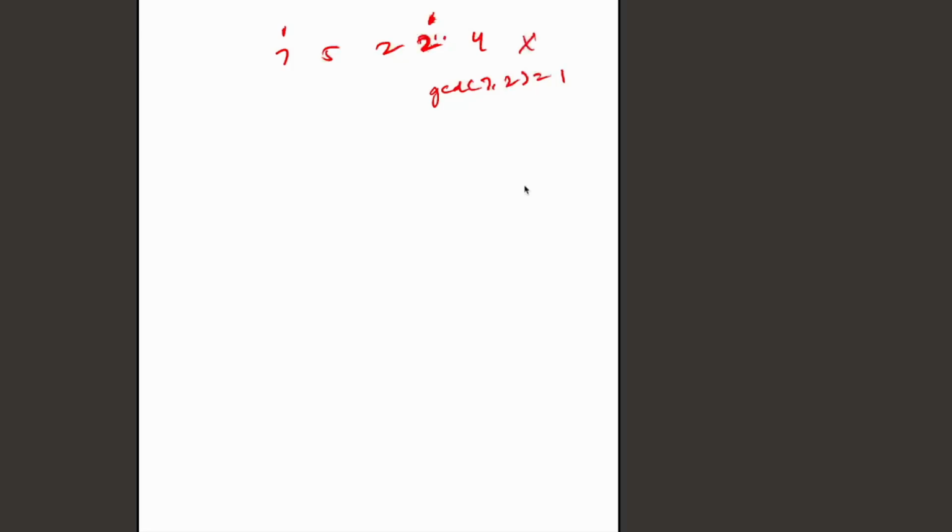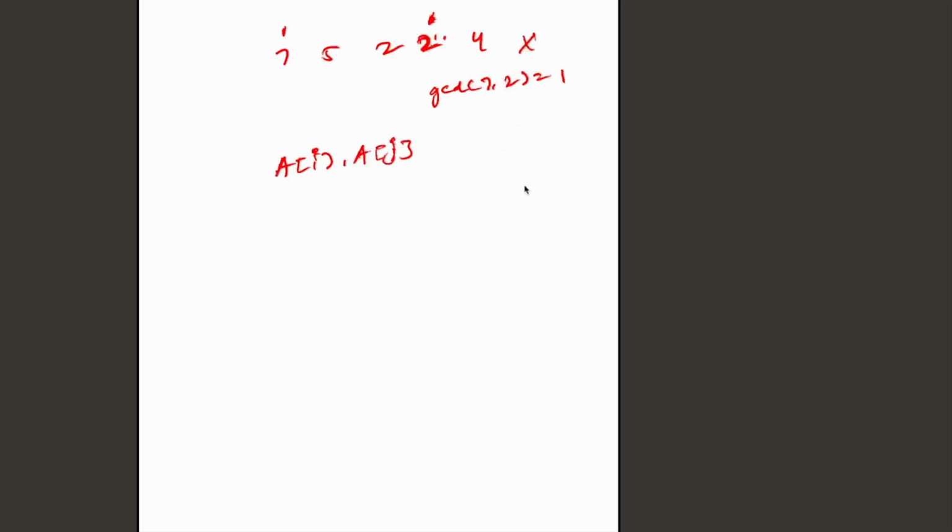Now let's see the logic behind it. The thing here is, for two elements A I and A J, the GCD is equal to the minimum element.